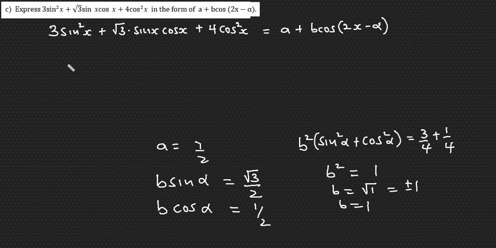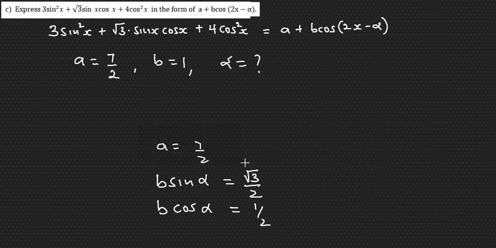So far what we have got is our a. This a is 7 by 2. We have got the b, which is 1. Now we need to find the alpha. We find the alpha by dividing these two equations, and we'll be having a tan.